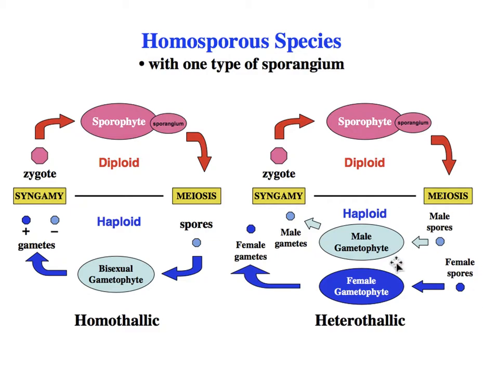And the male spore grows into a male gametophyte. The female spore grows into a female gametophyte. So we refer to this homosporous species as heterothallic because it has two distinct gametophytes. So it's a distinction that I want you to know, but the main thing here is to focus on the definition of homosporous. I want to update that definition to say one type of sporangium.